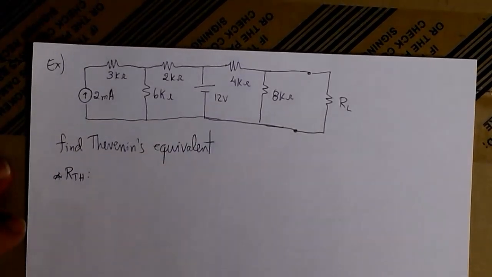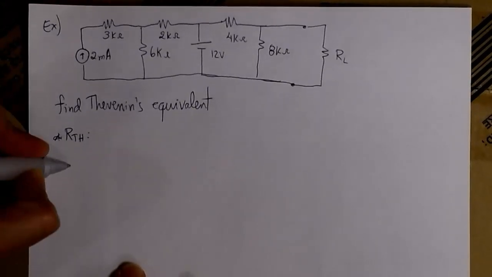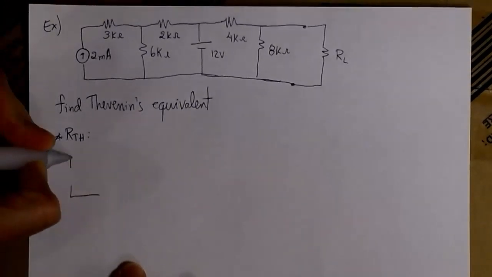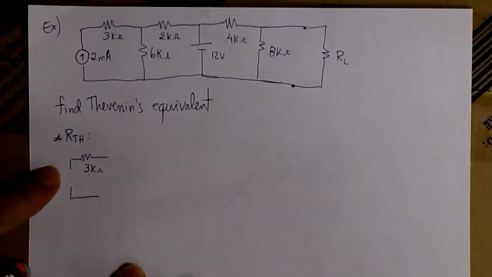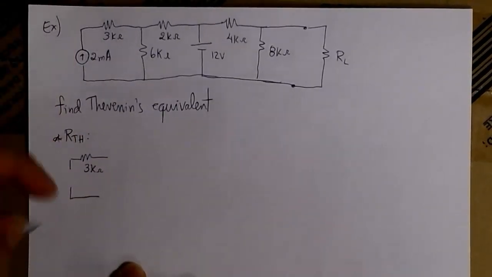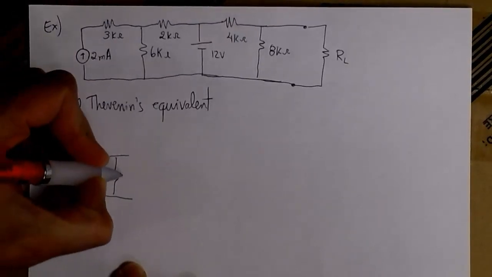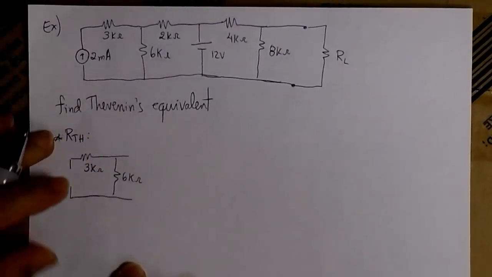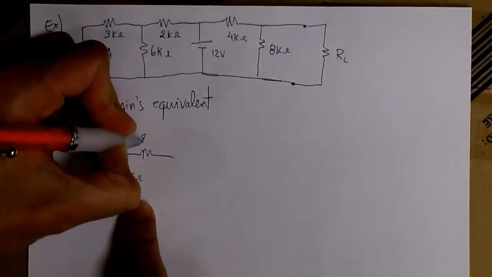We replace the sources. In this case we have 2. So we replace the 2 milliamps source with an open circuit. Then we have the 3K. So here the source has been replaced with an open circuit. Then we have 6K. Now we have the 2K.